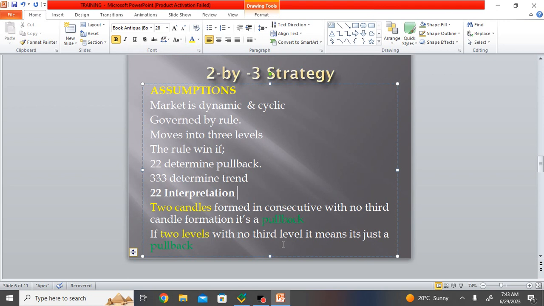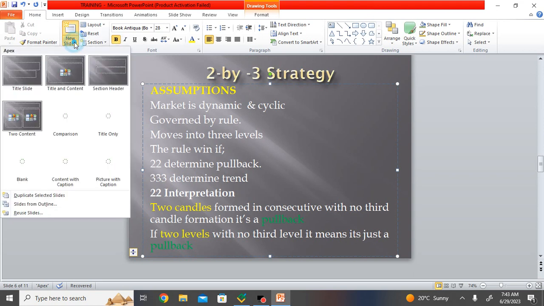Yes, these are the main key concepts that everyone is supposed to understand in the 22 interpretations. Two candles in consecutive manner with no third candle formation means it's a pullback. And if it is two levels with no third level formation, it means it's just a pullback. This is a 22 concept.